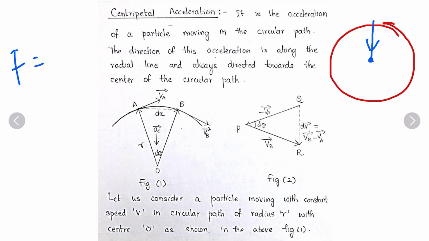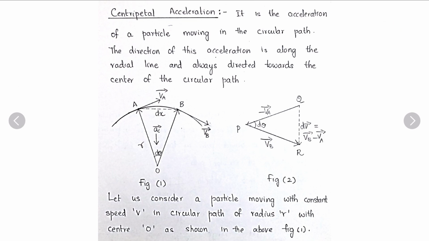Now we have to derive the expression for centripetal acceleration. It is the acceleration of a particle moving in a circular path. The direction of this acceleration is along the radial line and always directed towards the center of the circular path.